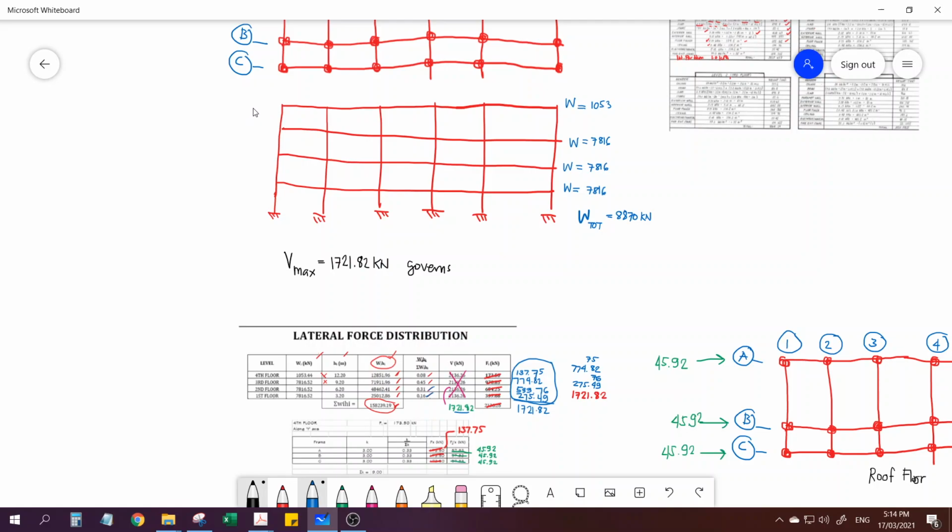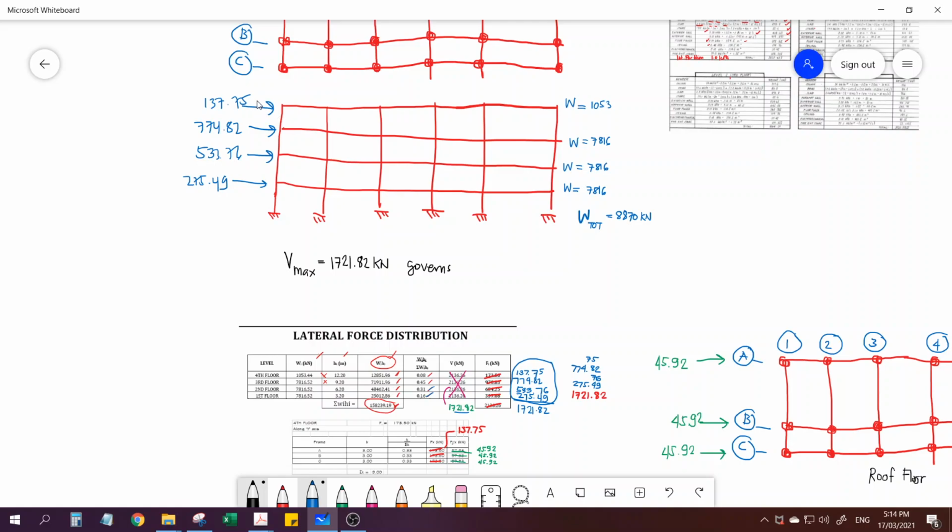So, sa roof, we have 137.75. Sa fourth, we have 774.82. Sa third, 533.76. And then sa second floor, 275.49. But remember, per floor yan.